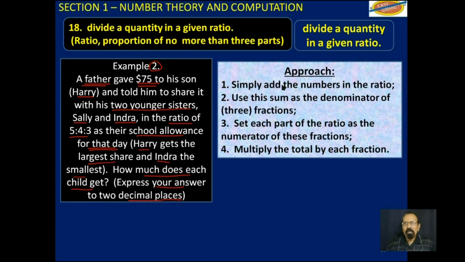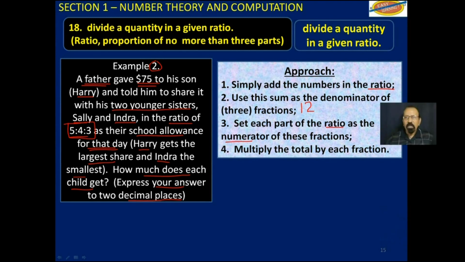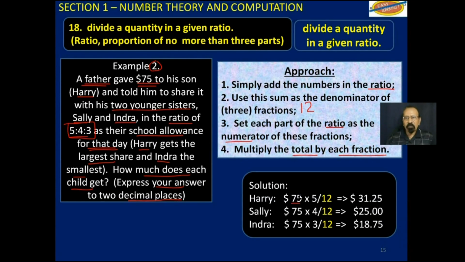So we will add the numbers in the ratio, and 5 plus 4 is 9, and 3 would give us 12. That 12 will function as the denominator of the 3 fractions. Each part of the ratio will act as a numerator for one of the 3 fractions. So one will be 5 over 12, next one will be 4 over 12, and the next one will be 3 over 12. You will multiply the total by each fraction. So Harry gets 75 multiplied by 5 over 12, which would be $31.25.